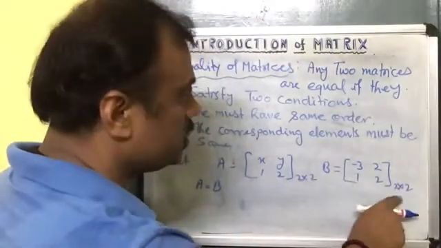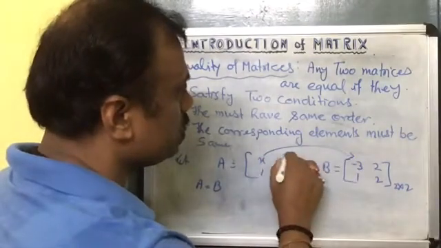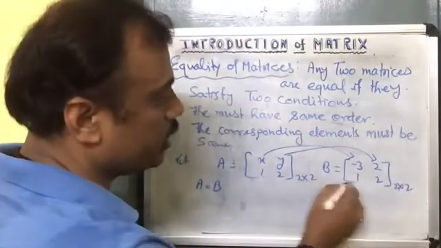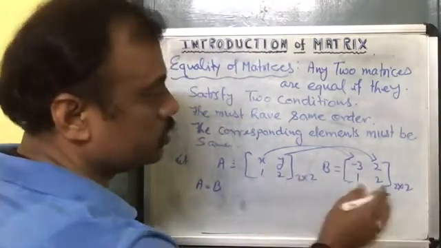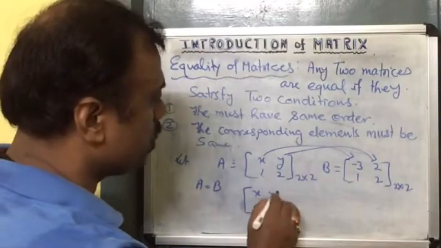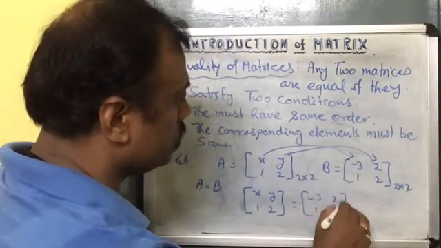Here their order is the same, and their corresponding elements must be equal: x must be equal to -3, y must be equal to 2, and this 1 is equal to this 1, and this 2 is equal to this 2. So we can compare it: [x y; 1 2] equals [-3 2; 1 2].